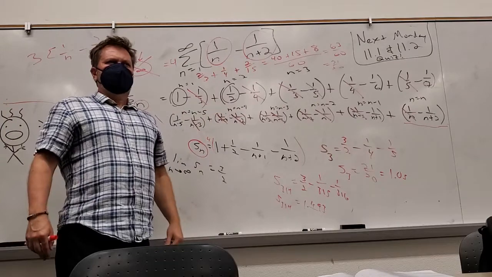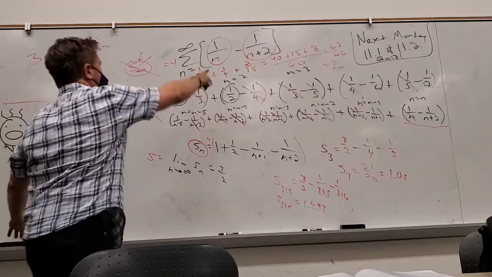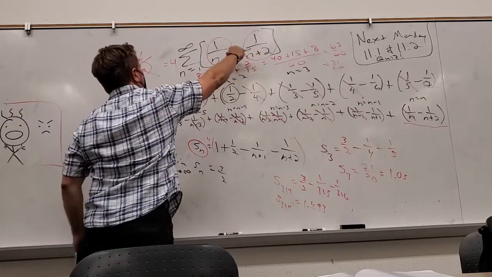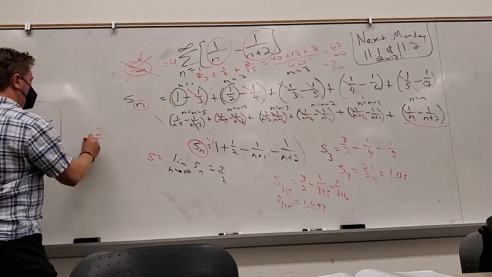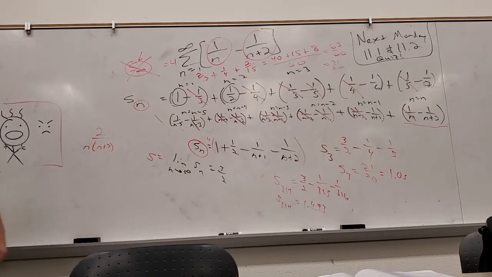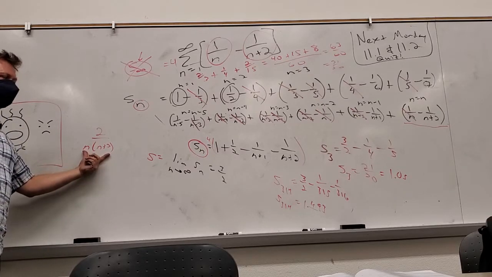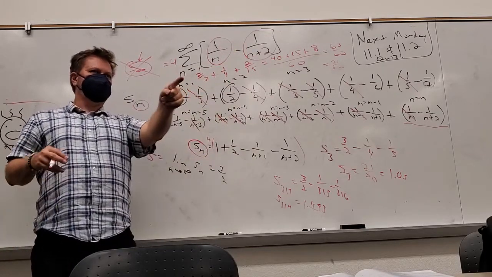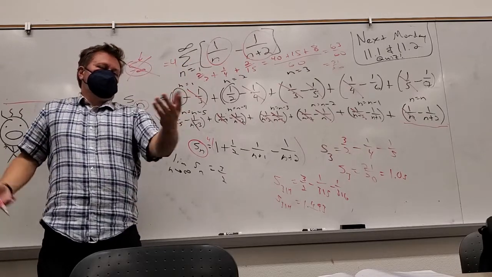If you start writing a few sequence elements, it's not going to show you much of anything, because there's no subtraction. But if you break this up using partial fractions, you'll get this, which is telescoping. So that was a good question. Maybe that'll show up in the homework or the test.